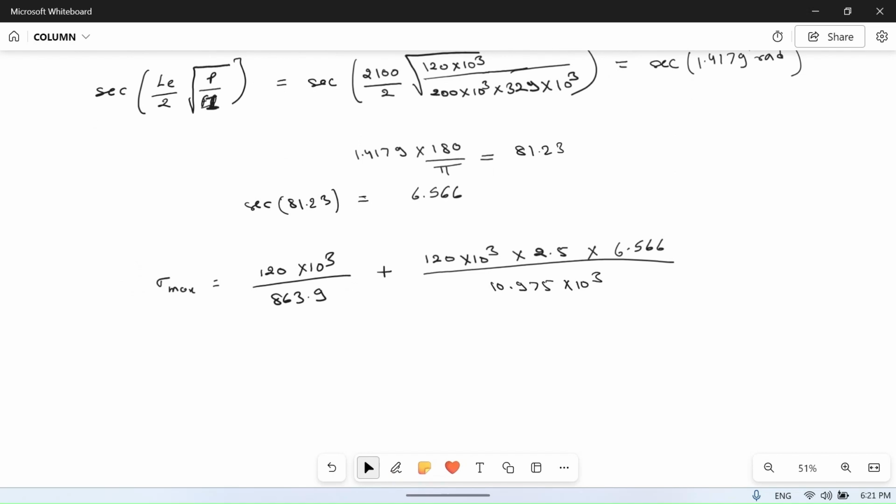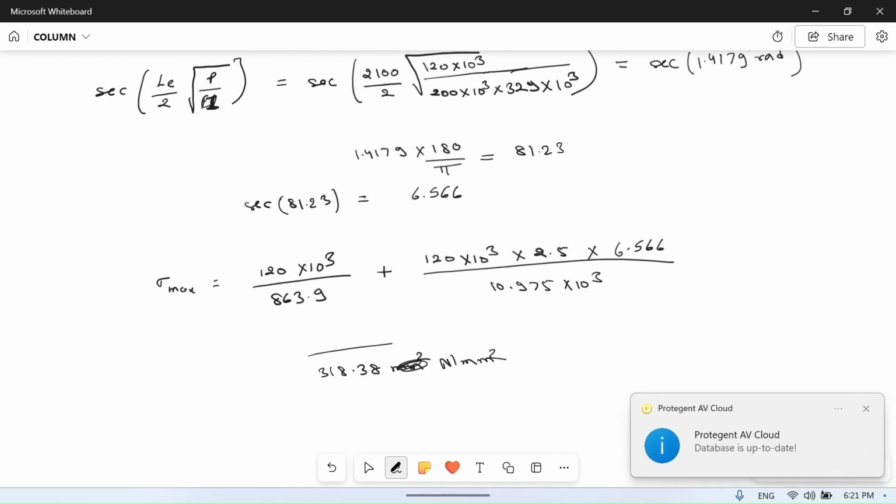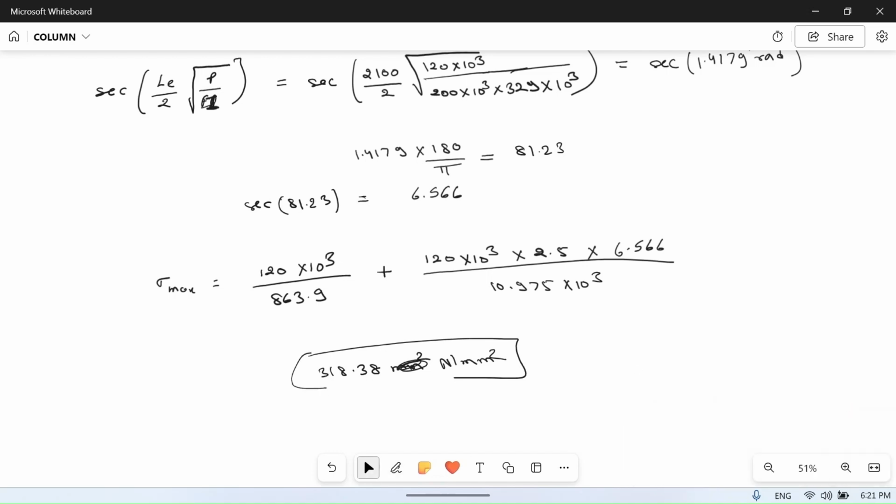So if you simplify and calculate this, then you will get 318.38 newton per mm square. Okay, so this is our value.